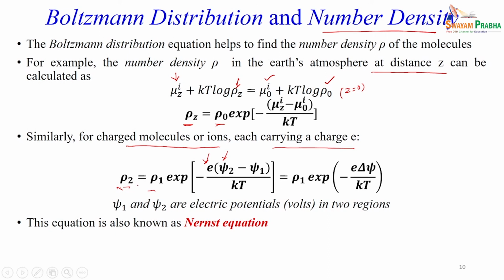So this will be rho 2 is equal to rho 1 e to the power e delta psi upon k T, and this is known as the Nernst equation. So what we did is, from the Boltzmann equation you should be able to predict the number density, and you should be able to predict the charge density.